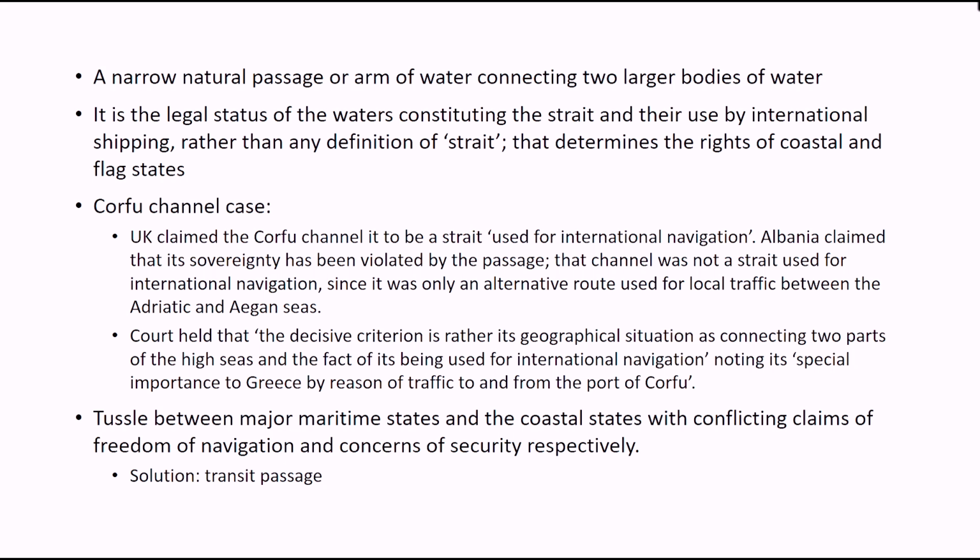port of Corfu. Further, there has been a tussle between major maritime states and the coastal states with conflicting claims of freedom of navigation and concerns of security respectively. Since we understand that a strait is a narrow passage, it will be very near to the coastlines of the concerned states, and therefore, states will have a legitimate security concern.